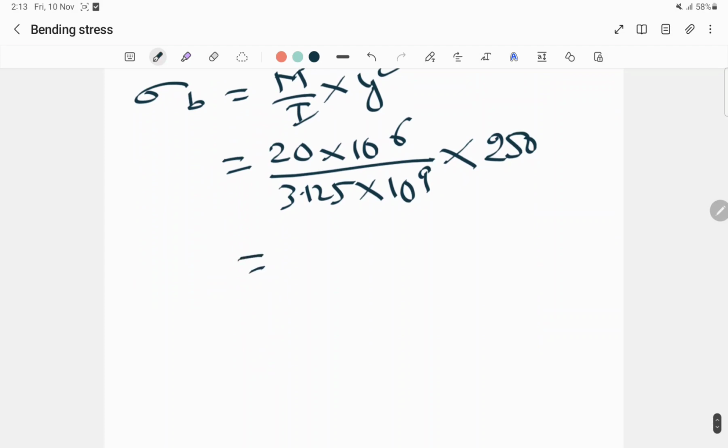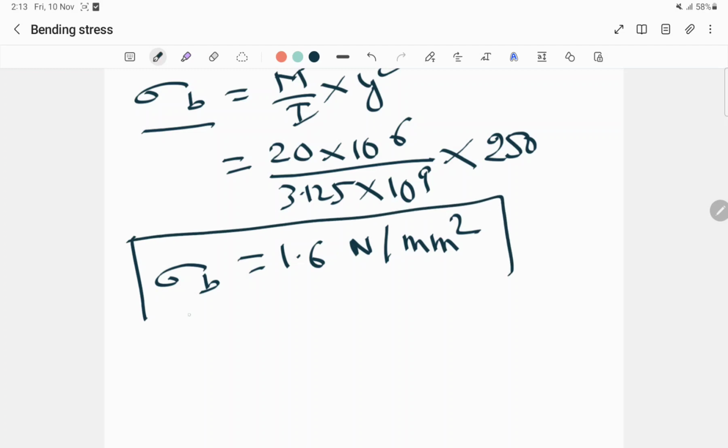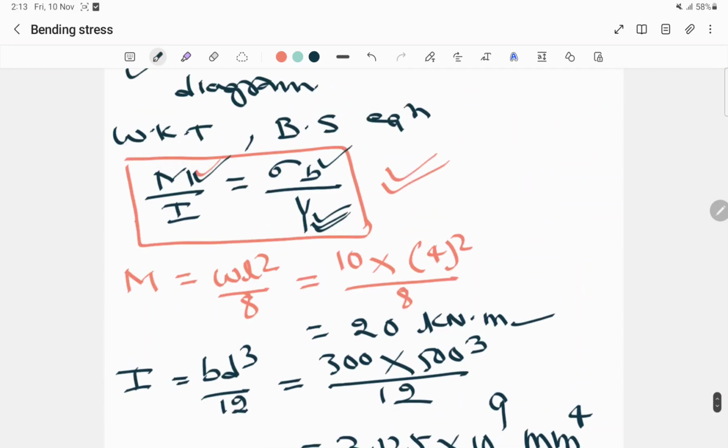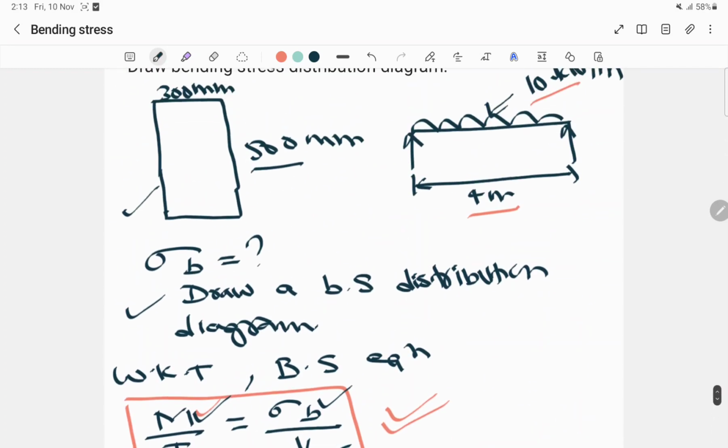So we'll be getting the bending stress value as 1.6 Newton per mm square. So this is the answer for bending stress.